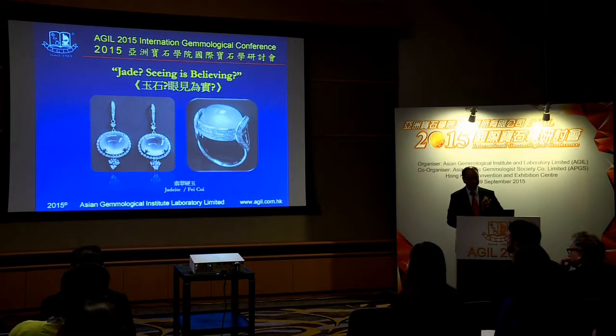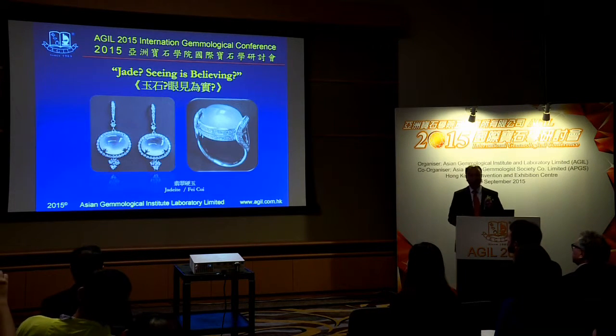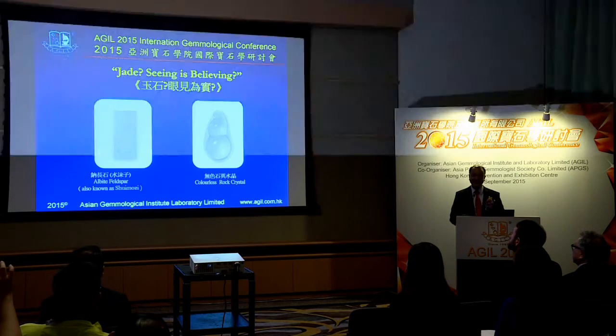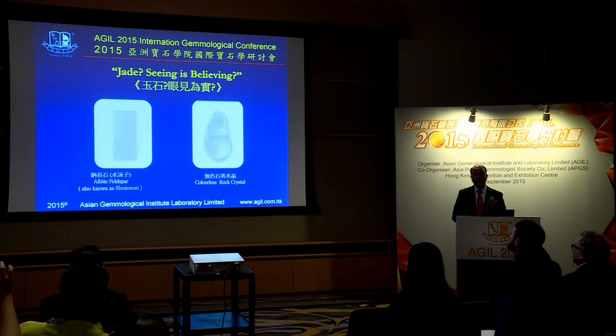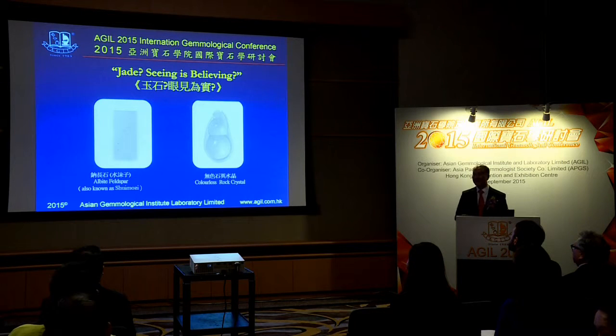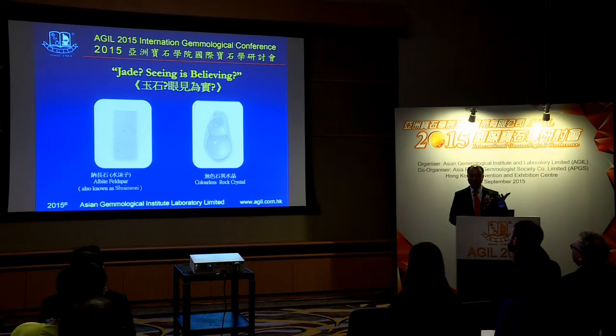That is the real ice jadeite. Now let's look back. In the trade of jade buying and selling, most of the time we only pick up the stone, look at it, and then offer a price.